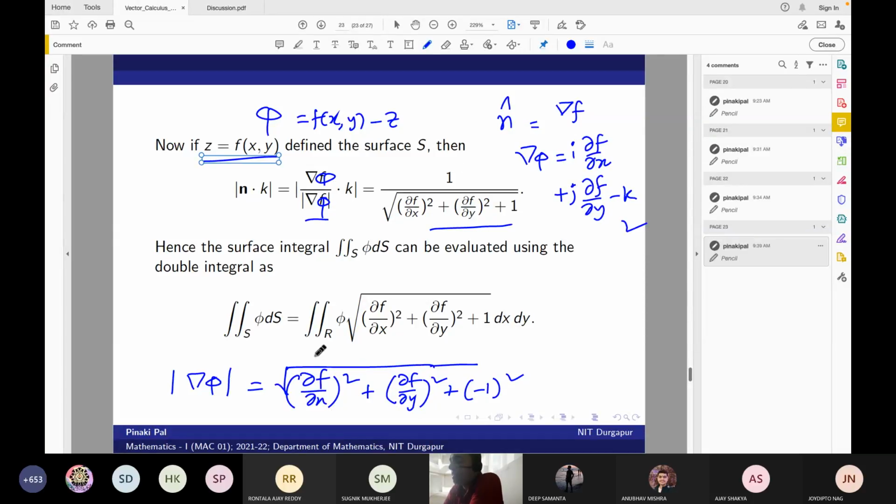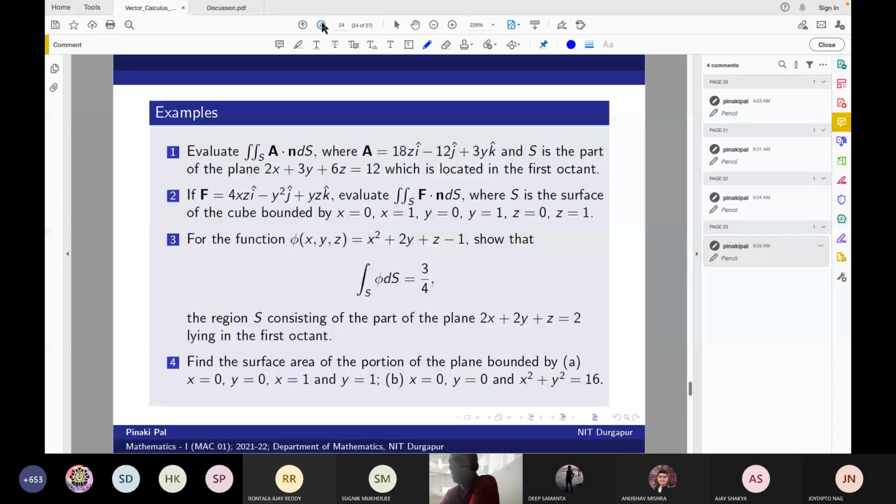Then you replace ds by this, plug this value in the denominator, and you get this working formula. Now we can demonstrate with examples.